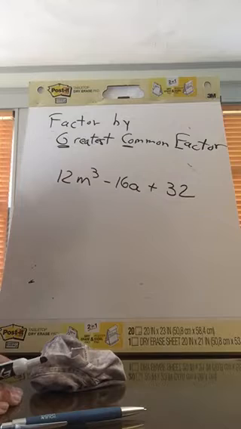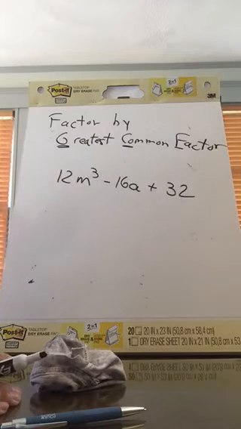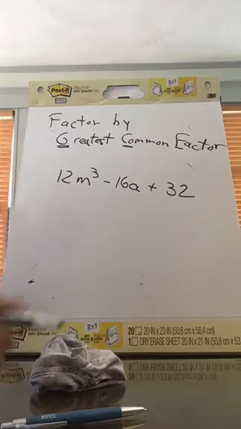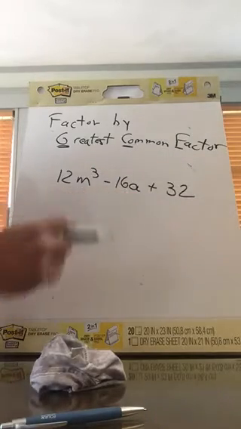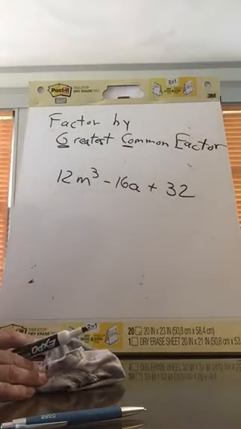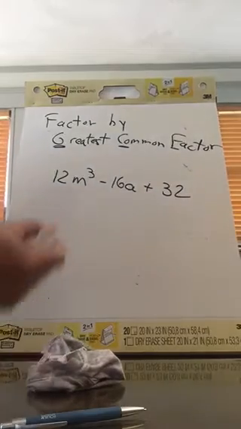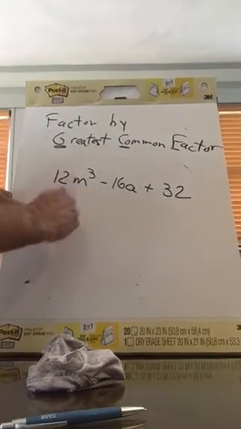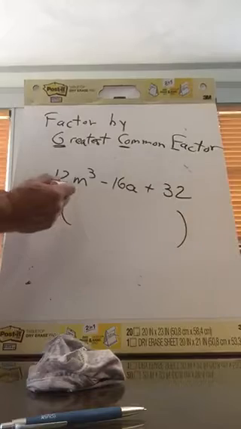What's the biggest number that goes into each of those? Again, 2 goes into each. 4 goes in. Is there bigger? Does 8 go in? Well, 8 goes into 32 and 16, but 8 doesn't go into 12. So I guess 4 is the largest. So we'll take out a 4, then parentheses, and now we divide.